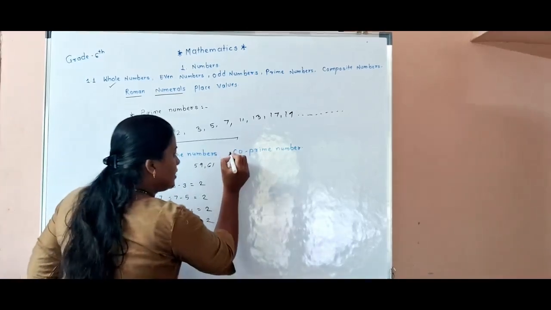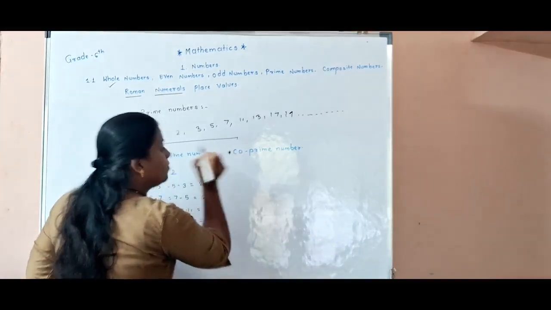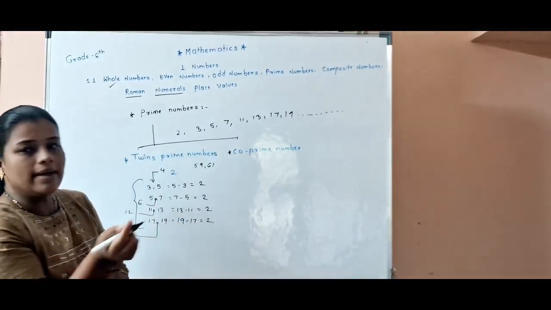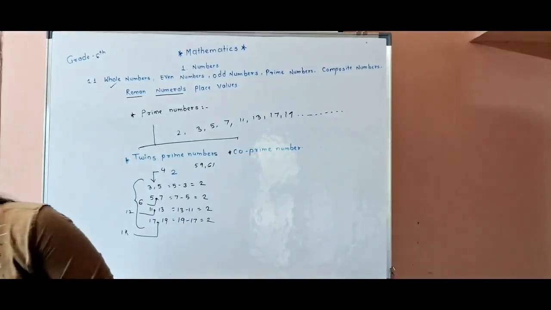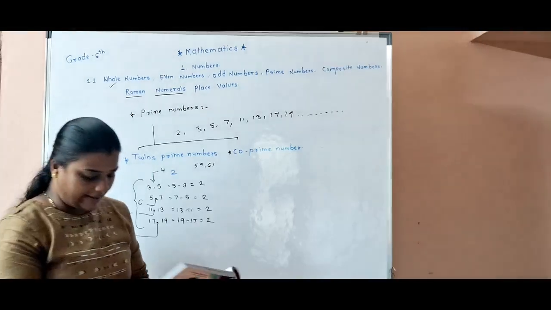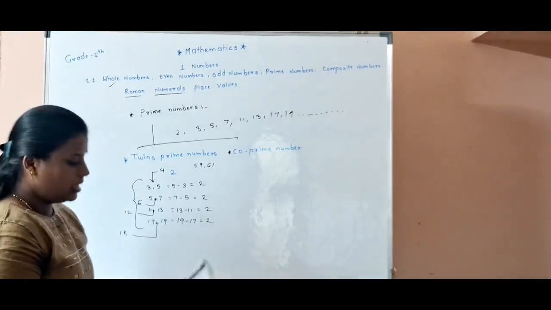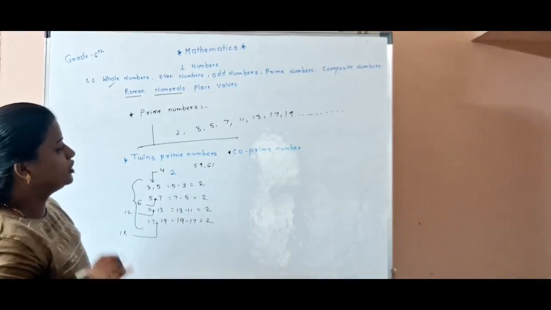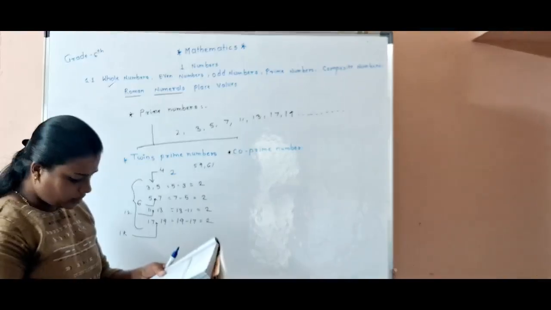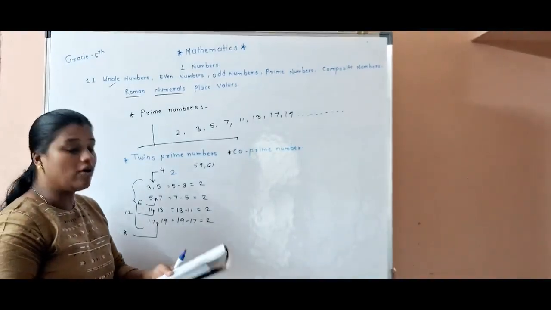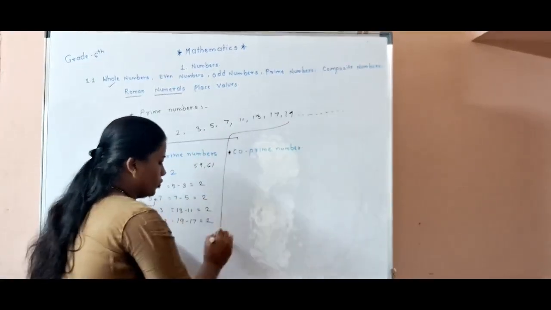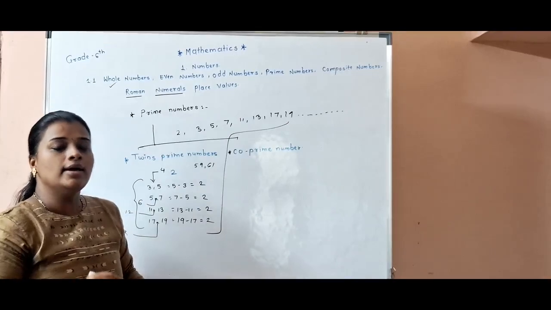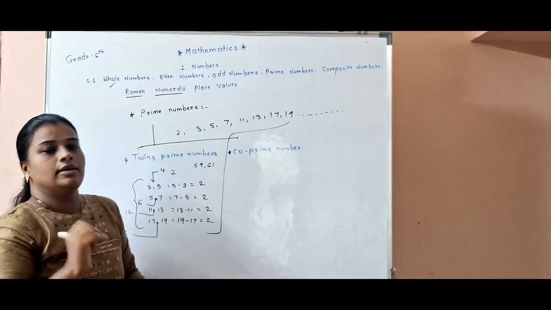Now our second topic is co-prime numbers. Co-prime numbers are numbers which do not have any common factor between them. This is over now, we are going to study co-prime numbers.